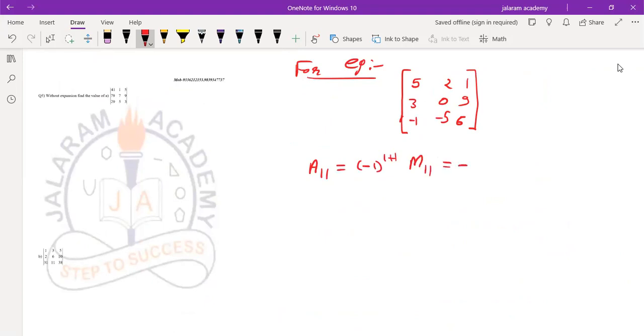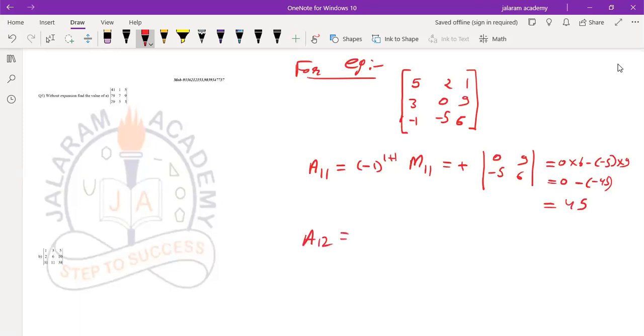Now minus 1 whole square is positive. And determinant obtained by deleting first row, first column: 0, minus 5, 9, 6. That is 0 into 6 minus 5 into 9. That is 0 minus 45. So its value is minus 45, which is equal to its minor only.